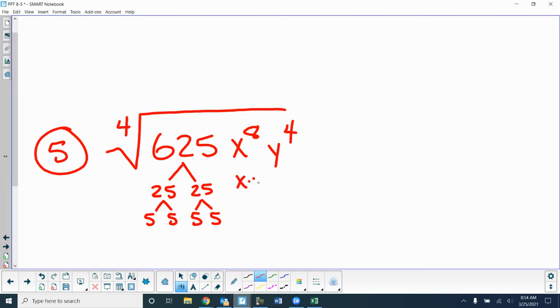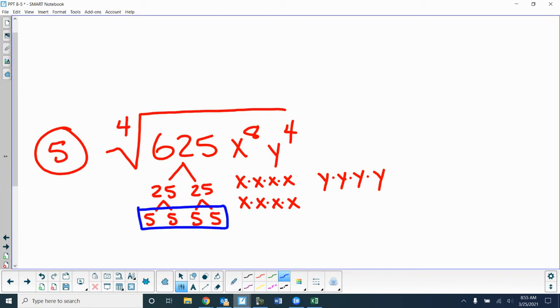For x to the 8, I got that many x's, and for y to the 4th, I got that many y's. For this group of four 5s, I got 5 as an answer.